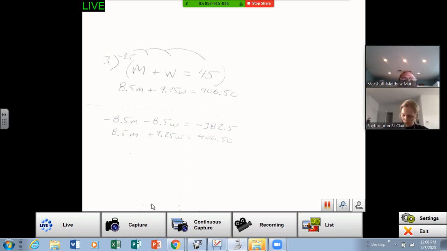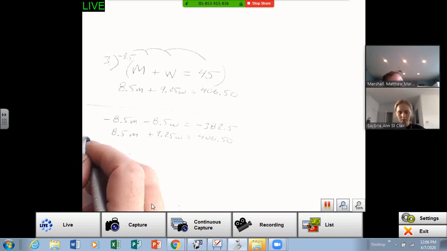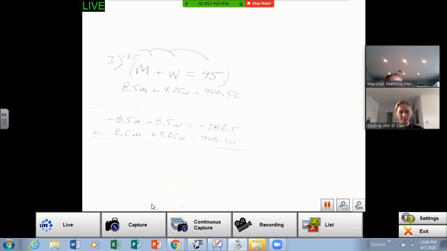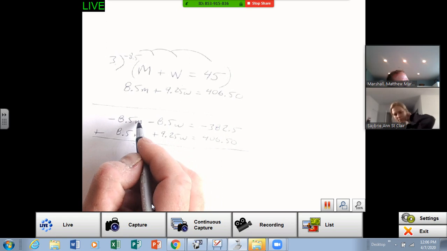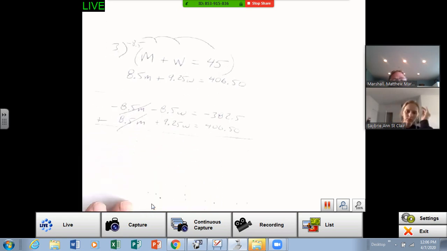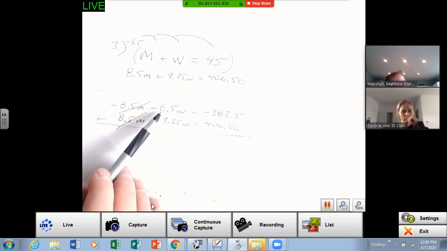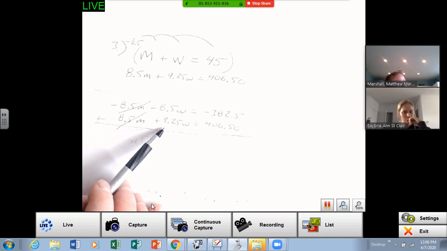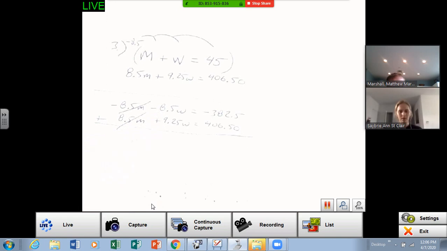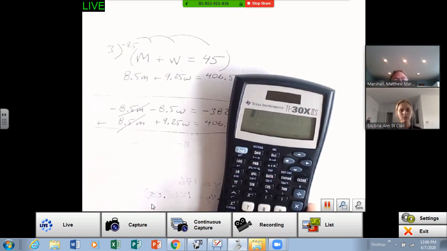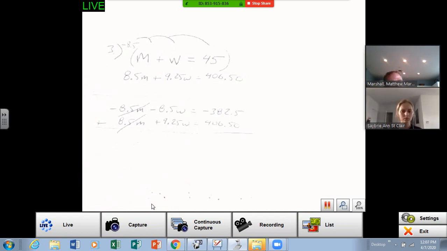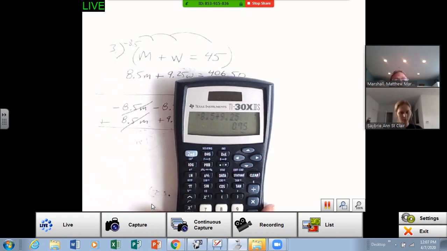You got that? So now what happens when you add and combine the equations straight down? The m's are going to cancel because they're opposites. And then that negative 8.5 and that positive 9.25, if I type in negative 8.5 plus 9.25, that gives me 0.75 right there.